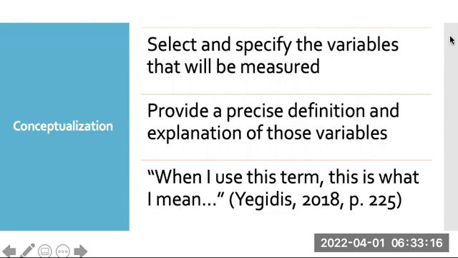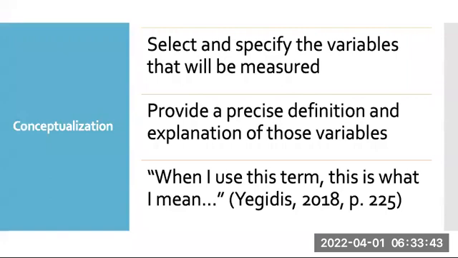So what is conceptualization? It is selecting and specifying what we believe to be the most important or relevant variables to measure, and it specifies as precisely as possible exactly what we mean by those variables. So this is more of a dictionary definition.